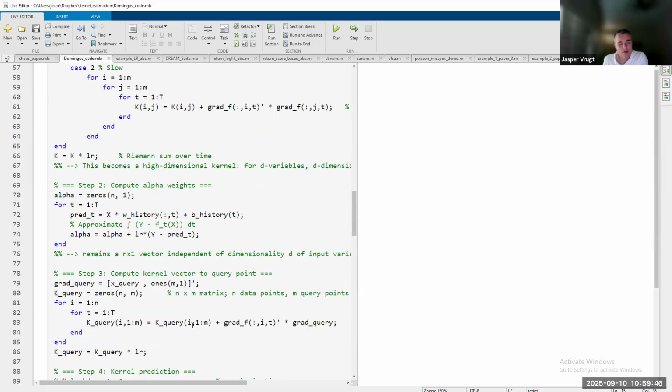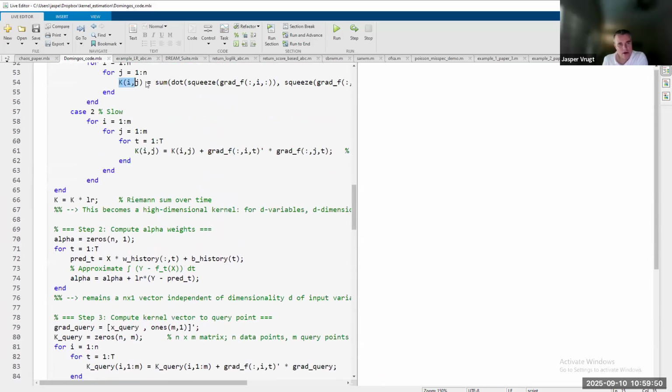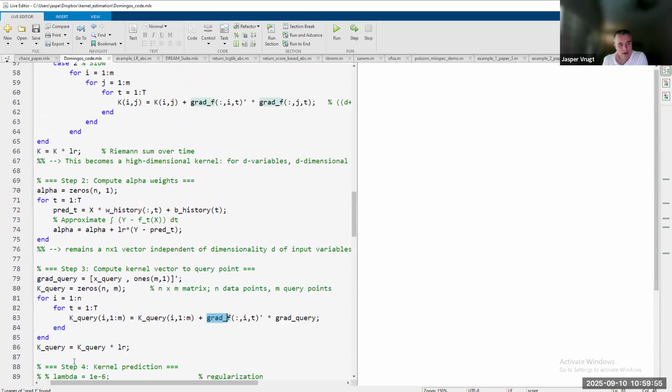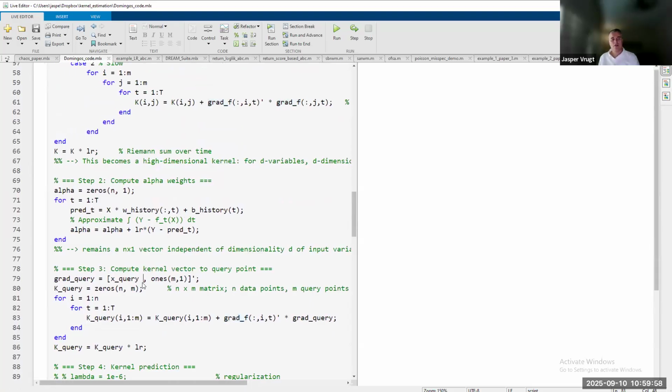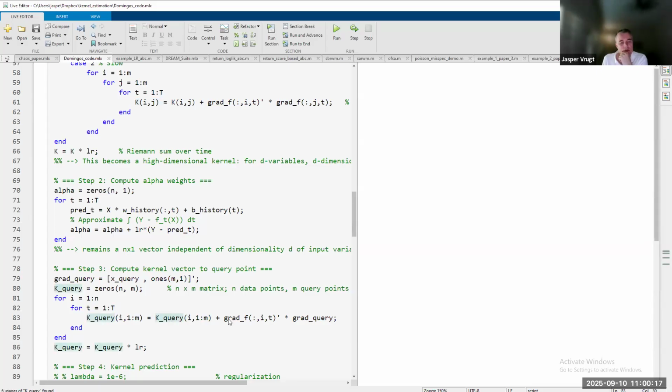Yeah, so it's better if I rewrite this and use the K that is computed here, because this makes no sense. I need to find some time, but you can write the prediction as a function of the kernel you compute here. We're doing it over again here with the whole trajectory, but we should use the original kernel instead of recomputing the kernel based on the query point.